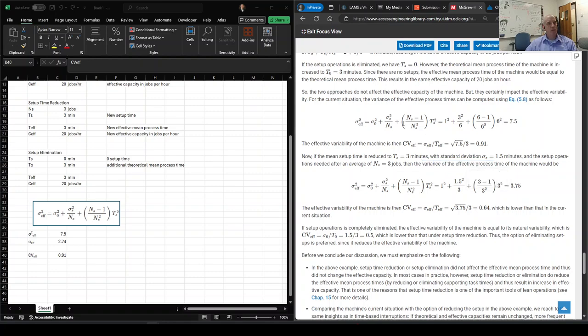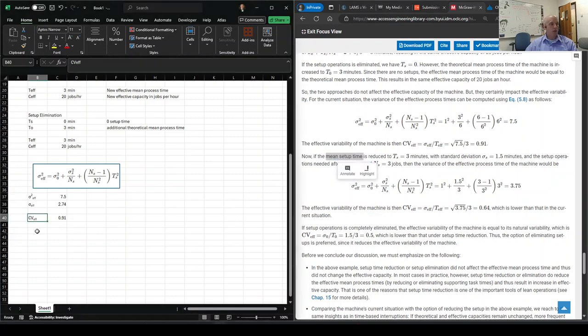Doing a very similar equation to what we just did for the current process up above, we're finding out what is the effective variability of the machine if we follow this setup time reduction approach. And we're going to use the same formula.